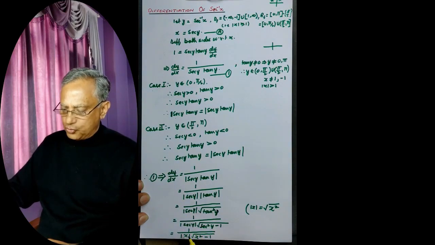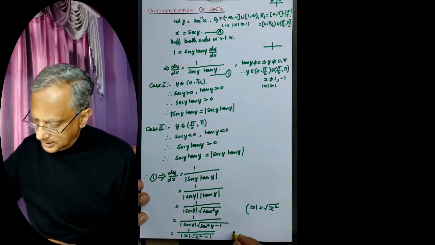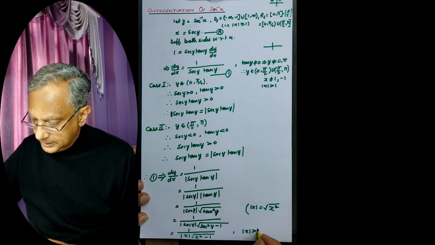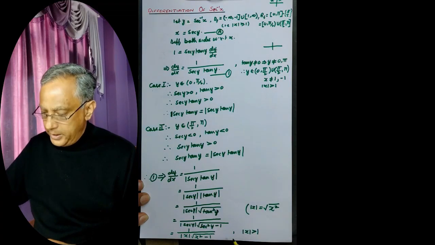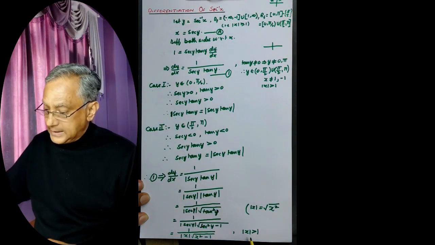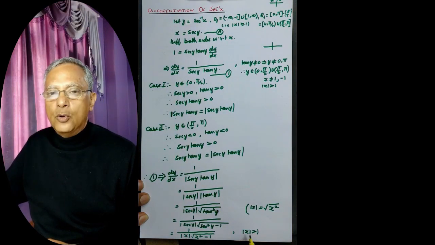So the derivative of secant inverse x is 1 over mod x under root x square minus 1. And this result will be valid for mod x greater than 1. The domain of secant inverse x is mod x greater than or equal to 1, but this differentiation is valid only for mod x greater than 1.